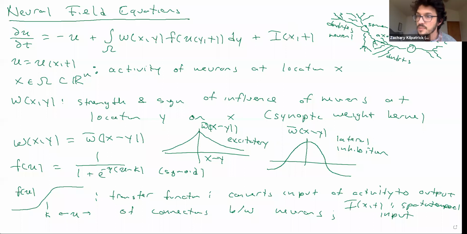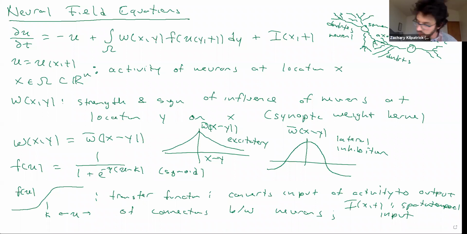This could be some input that's coming in from some other region of the brain, or maybe from the external world, like visual input. Okay, and so we just want to study the mathematical properties of this network. I'll do basically a couple examples this week of the kinds of activity you can get. If you're interested in more, I have given some references in Canvas if you want to read more.